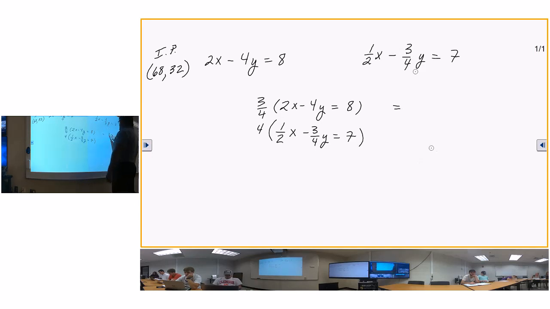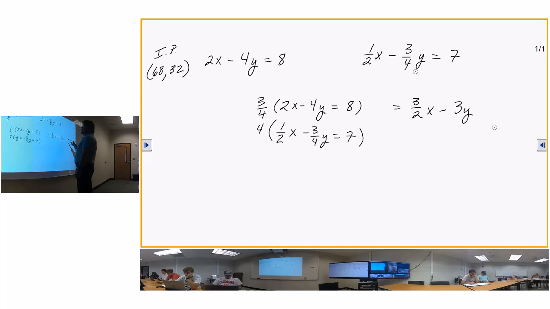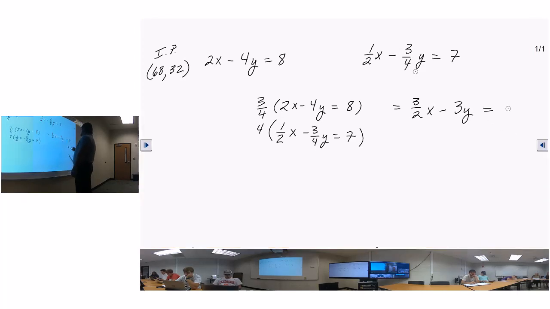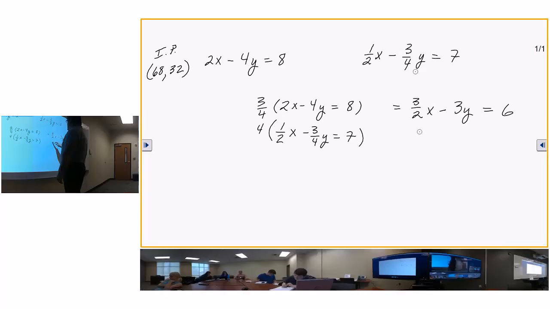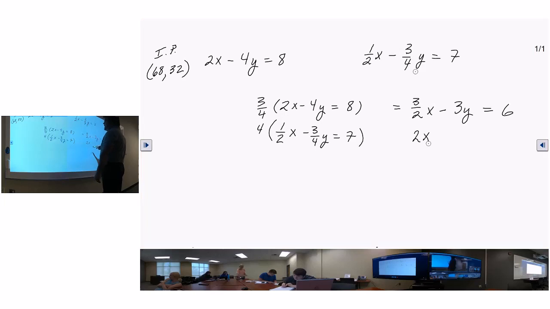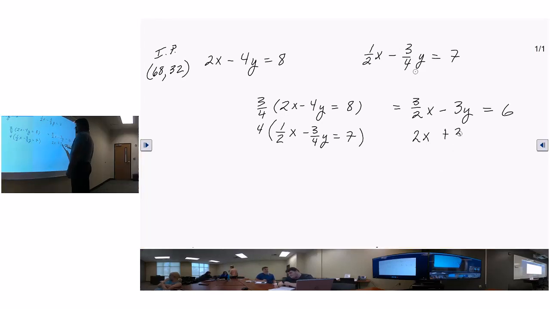6/4 is 3/2, right? So that's 3/2 x minus 3y equals 24 over 4, which is 6. And 4/2, which is 2x, and then plus 3y.